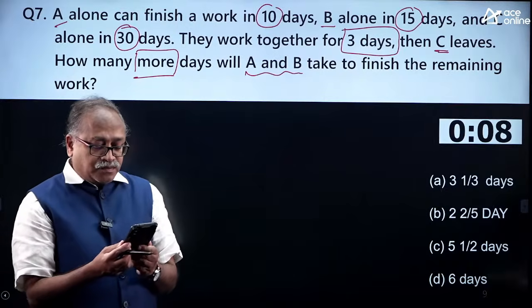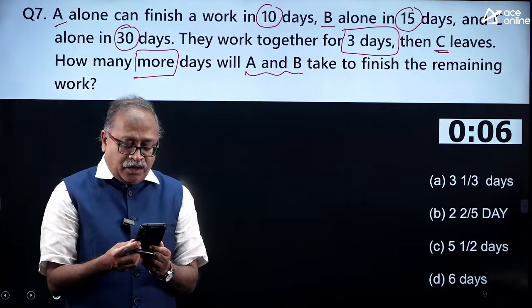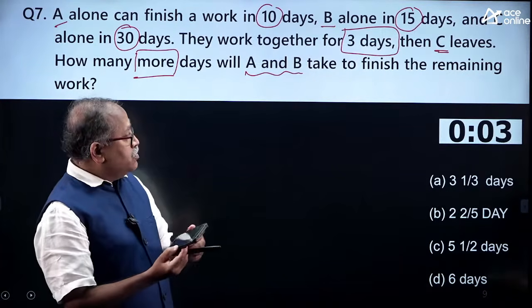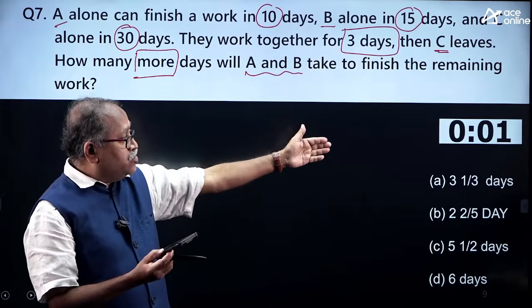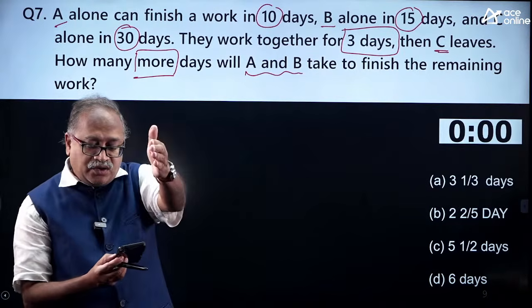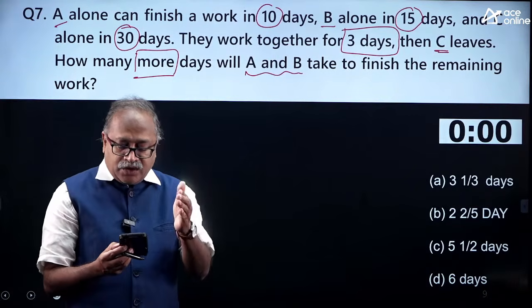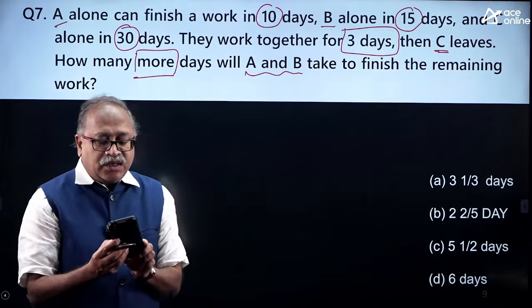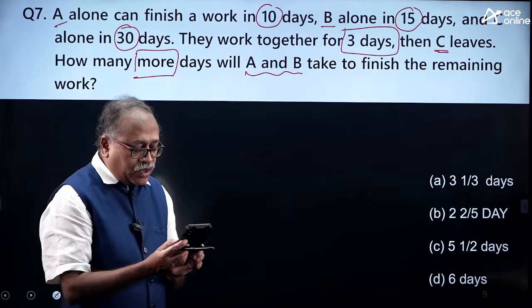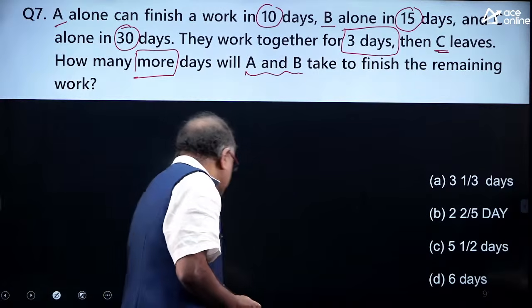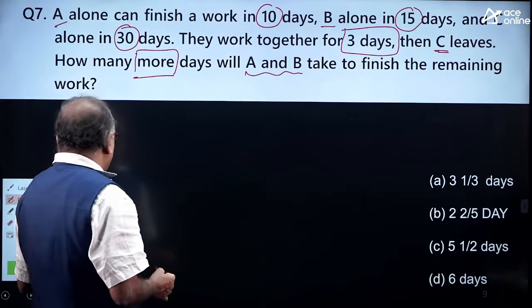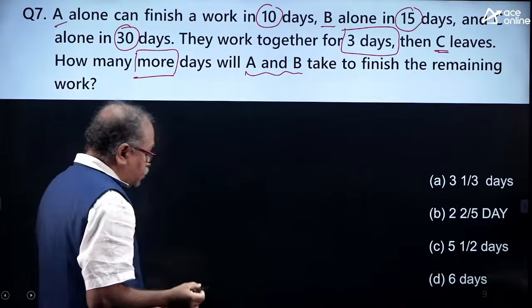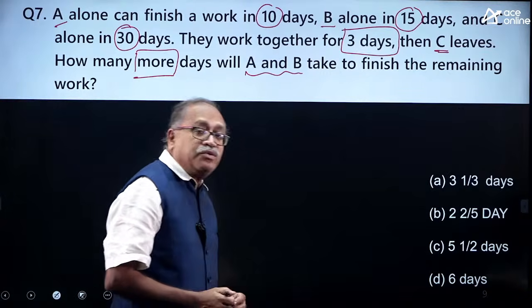Okay, the question is there. 3 seconds, 2 seconds, 1 second and time up. In the meanwhile, all my friends who are watching can see how we answer the question. If you get the answer, post your answer over here.